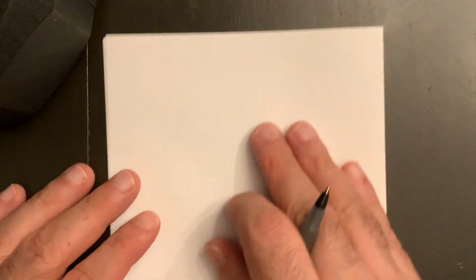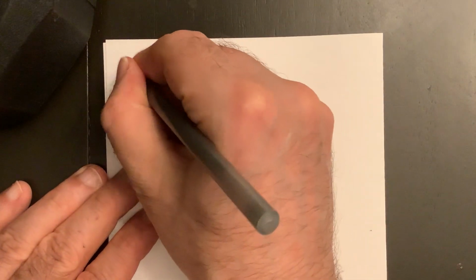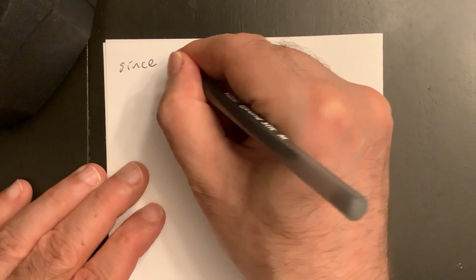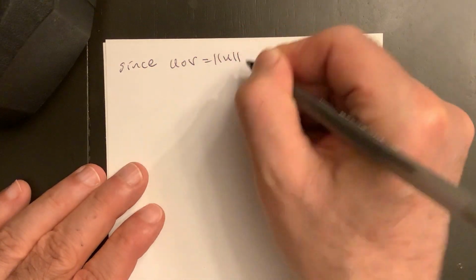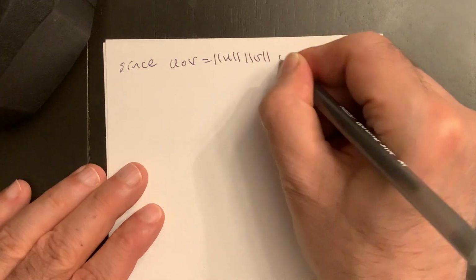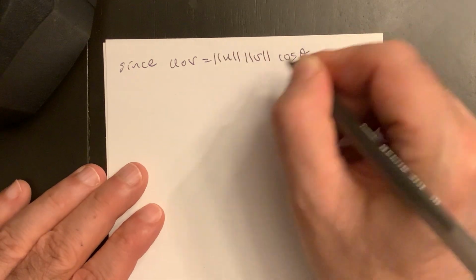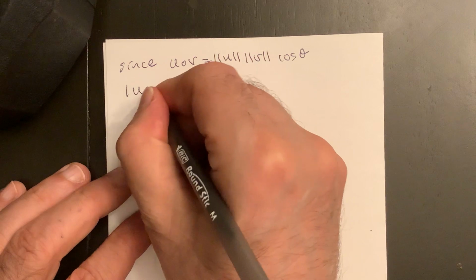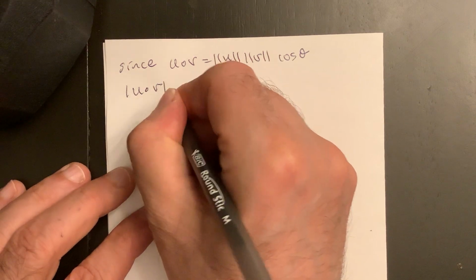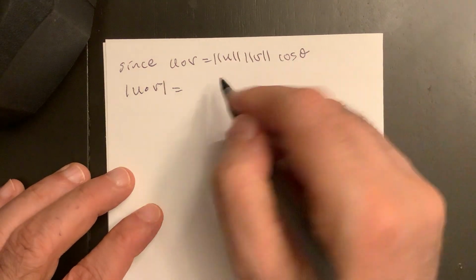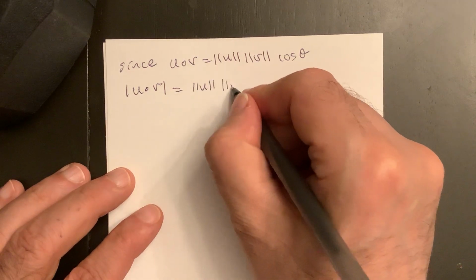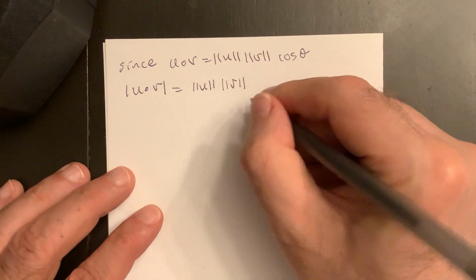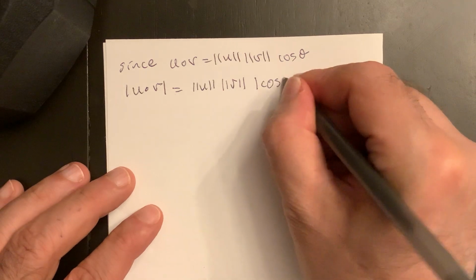So since u dot v equals the length of u times the length of v times cosine theta, we know that the absolute value of u dot v is equal to the absolute value of this side, but these are positive numbers that are multiplying, so I just have this.